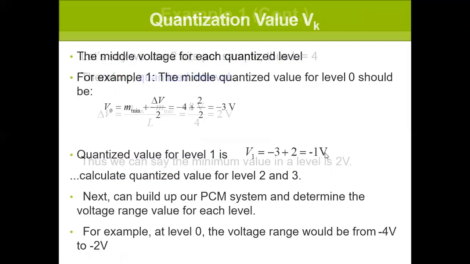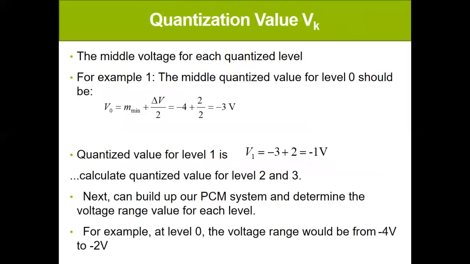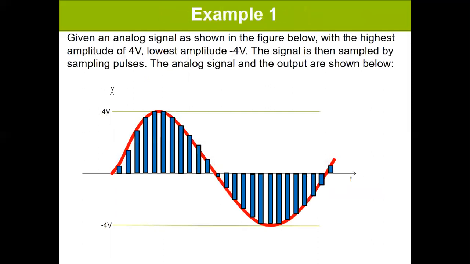Now from that example, because this is the interval, there will be 4 intervals, as we have seen. So the boundaries will be negative 4, negative 2, 0, 2, 4. So this is 2, 2, 2.